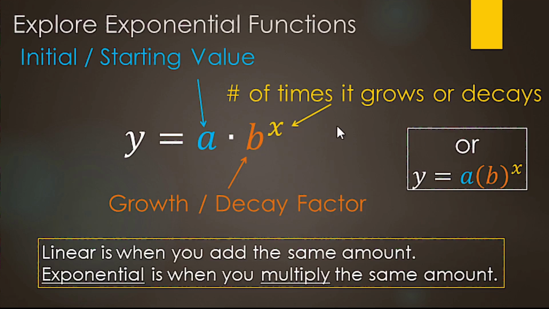In the last example, it was number of years. Remember, when we have the exponential, that's where you're multiplying the same amount. That's the b there. Whereas linear, you got y equals mx plus b, right? The m is going to be the amount that you're adding for each year, if you're talking about the last example with Brandon.